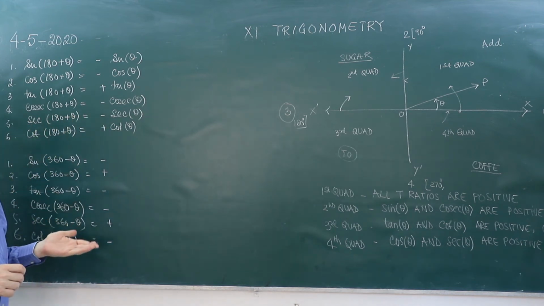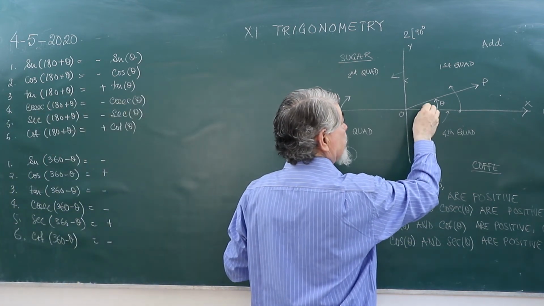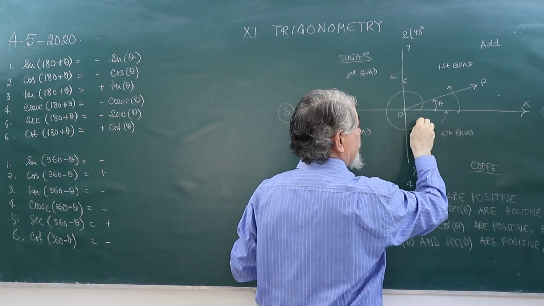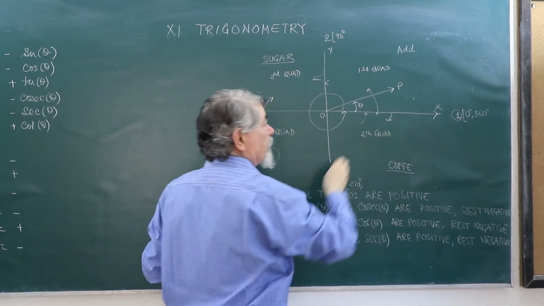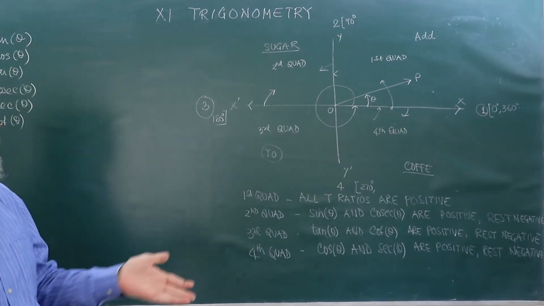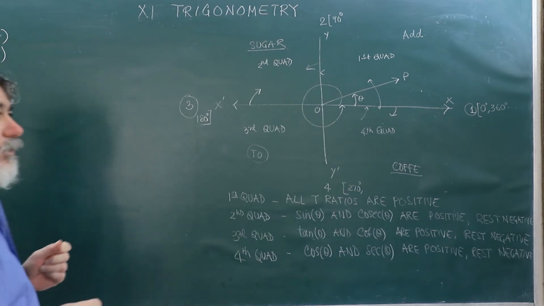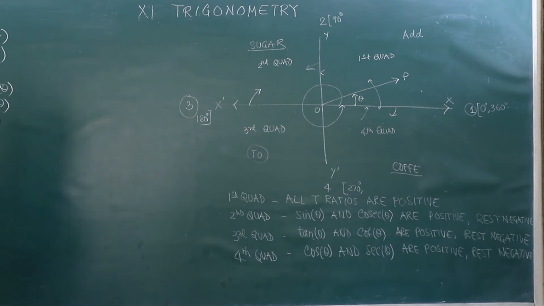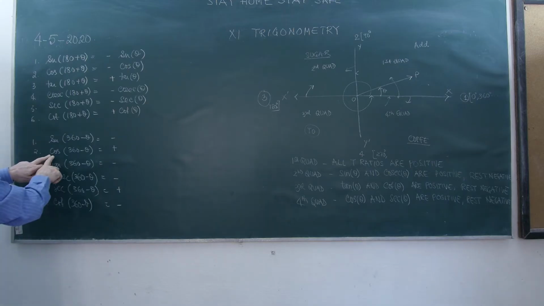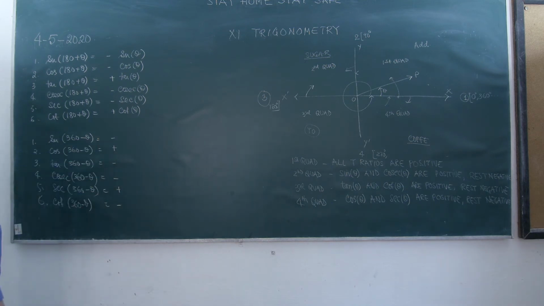Similarly, when I talk of 360 minus theta, 360 will be this complete round here, and when you subtract from it, you come into the fourth quadrant. So the angle will be falling into the fourth quadrant. In the fourth quadrant we have coffee, that is cos and sec are positive, the rest are all negative.